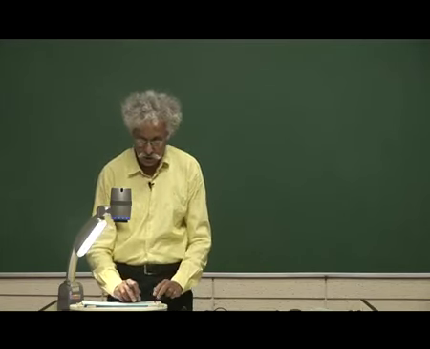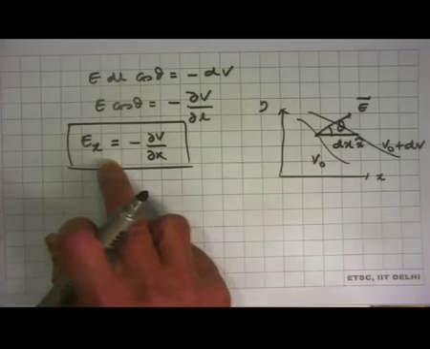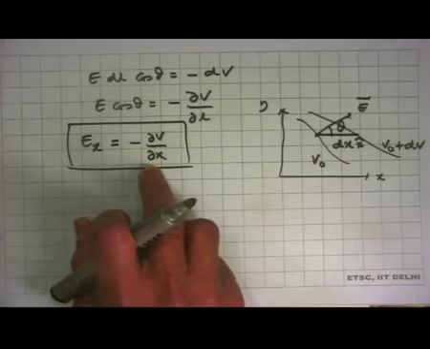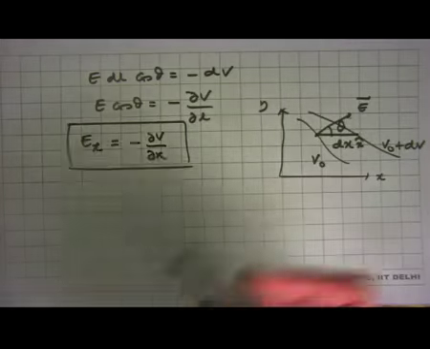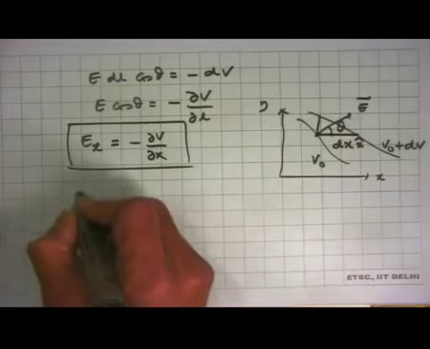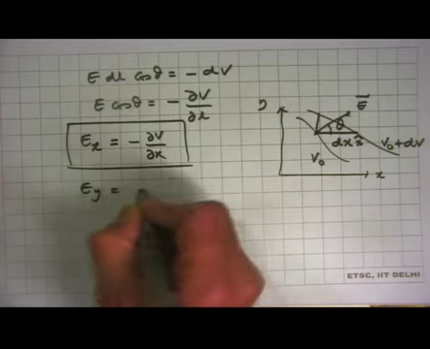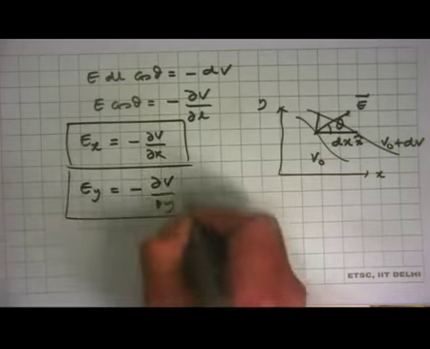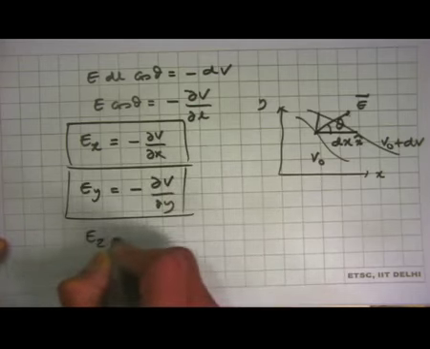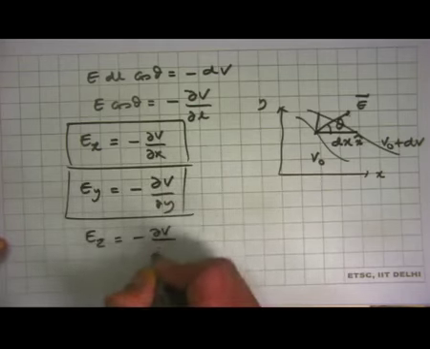So the electric field component along the x axis is minus del V by del x. Similarly, if I move parallel to the y axis, I can relate E y as minus del V by del y, and E z is minus del V by del z.